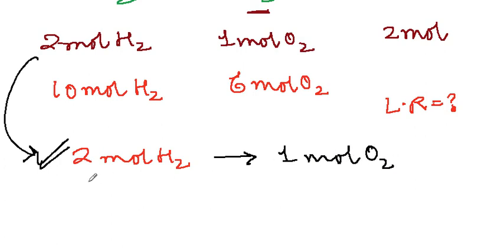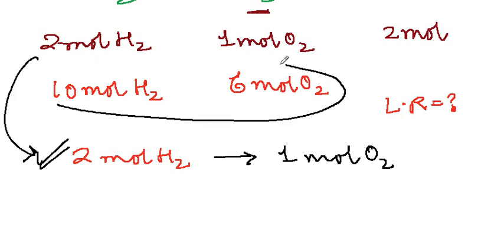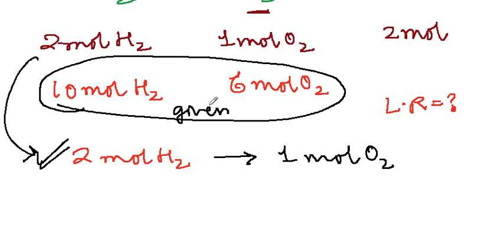That is the amount as per the balanced chemical equation. Then we have the given amount of hydrogen and oxygen, which is as per the given condition of the problem.